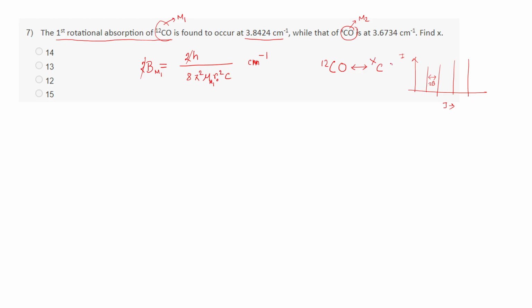Avantika? 8 will be constant, pi square will be constant, c will be constant, and h will be constant. R0? What do you think?